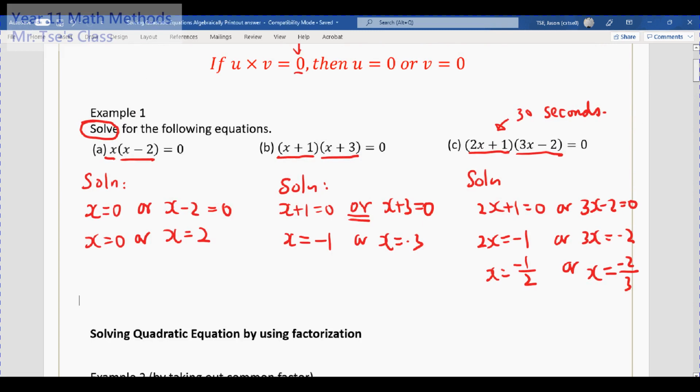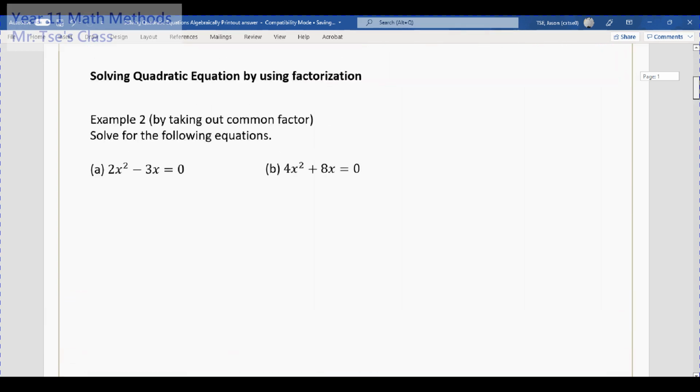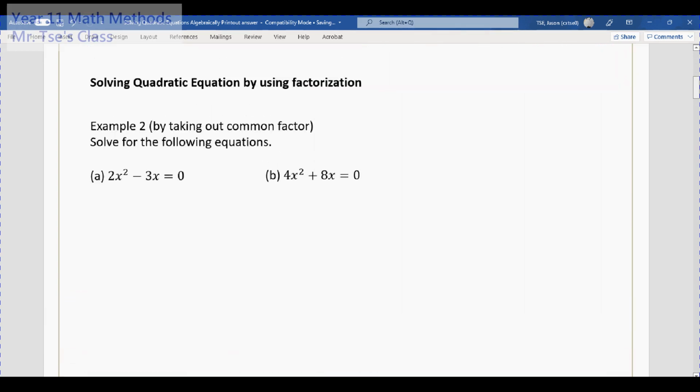Once they are in factor form, you have two factors multiplied together equals 0. Then you could use the null factor law. So that's why for the following questions, we are going to solve quadratic equations by using factorization.